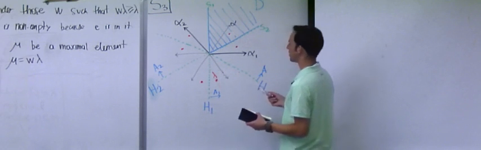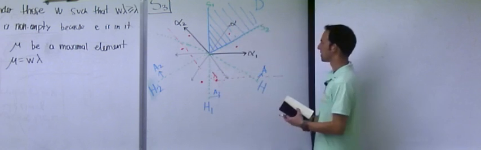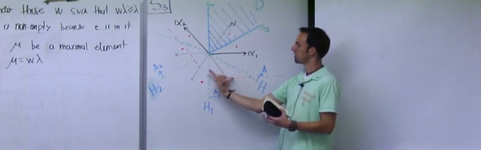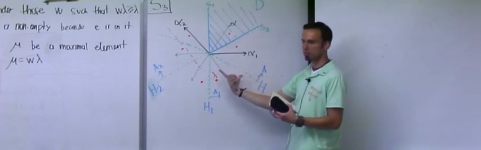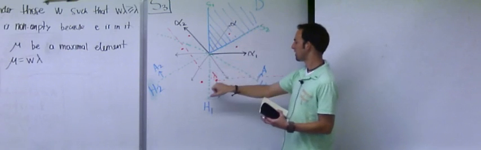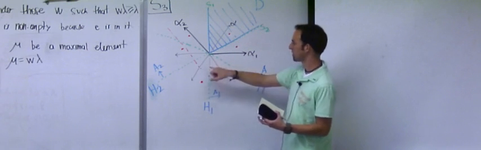And so, I mean, one way to see it is just that it's just the things that are up here. Okay, these are the W lambdas that are greater than lambda in the poset.